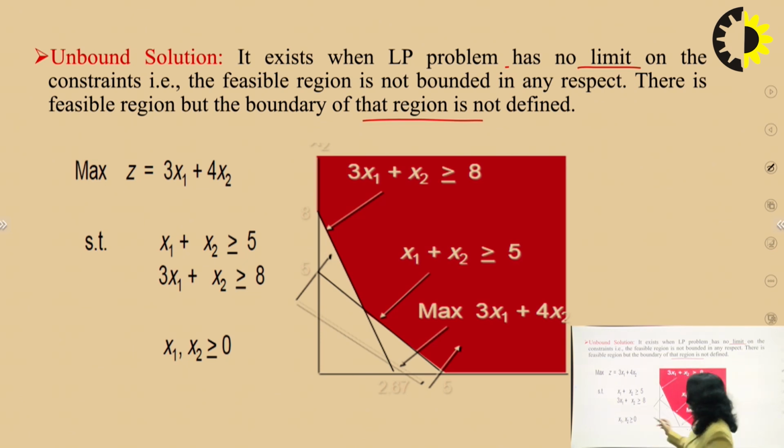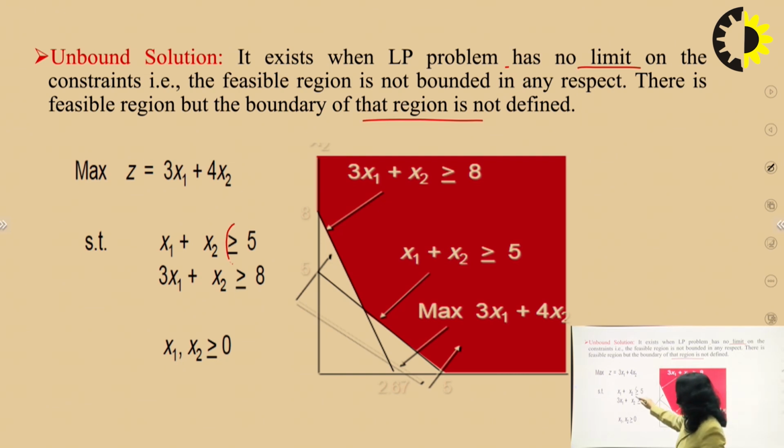For example, we have taken this objective function max z = 3x1 + 4x2, which is subject to x1 + x2 ≥ 5 and 3x1 + x2 ≥ 8, and the non-negativity restrictions are defined here. Now what we did, we have plotted both the equations onto the graph and after that we will shade the region.